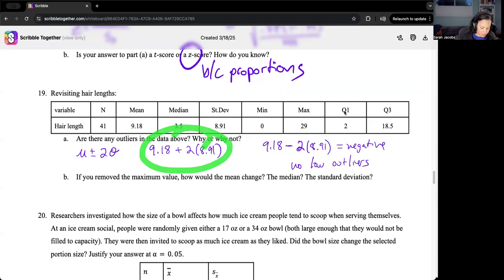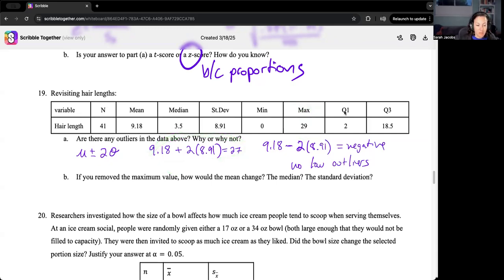The upper one is going to be close to 30. So 9.18 plus 2 times 8.91. Ooh, this one is 27. So our maximum could be a high outlier if we use the mean plus 2 standard deviations. So, something to keep in mind.